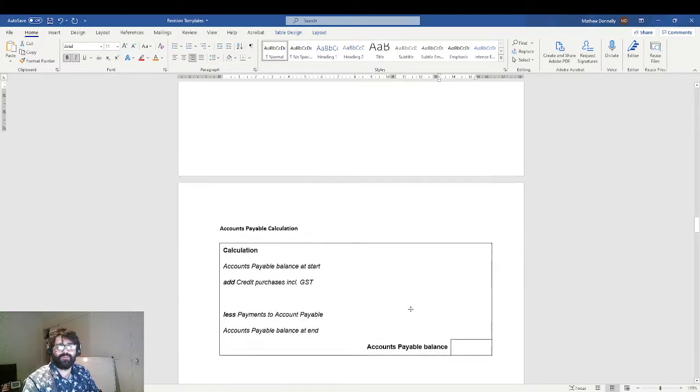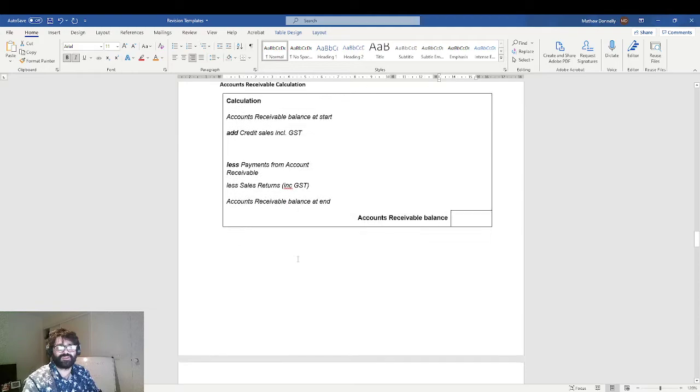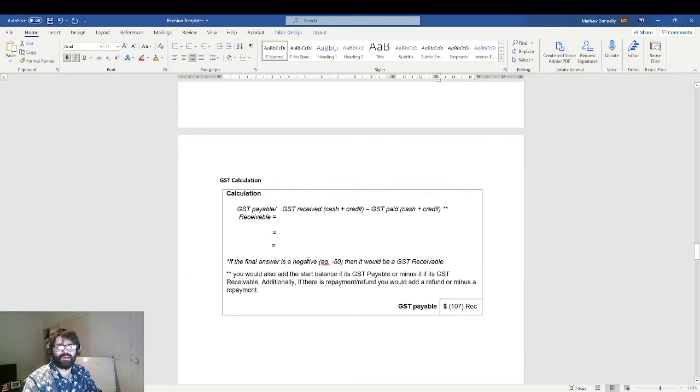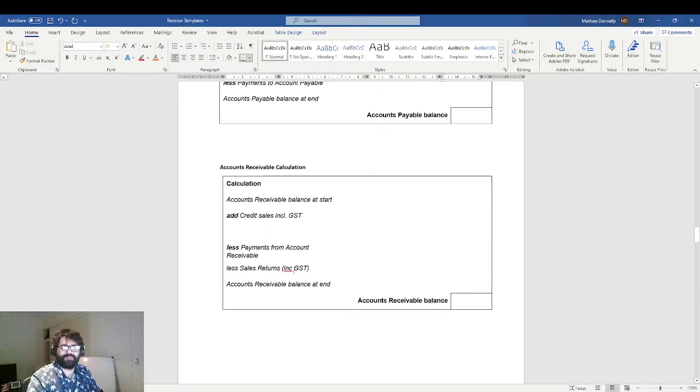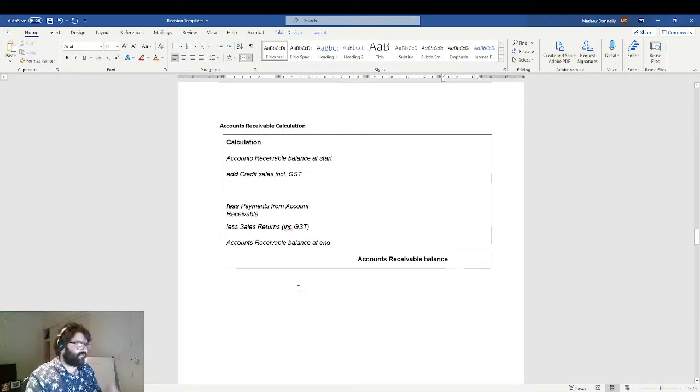Now today we're going to be doing some calculations. Sorry, I should be adding a few other things plus GST. Oh, sorry, just adding some little bits and bobs there.